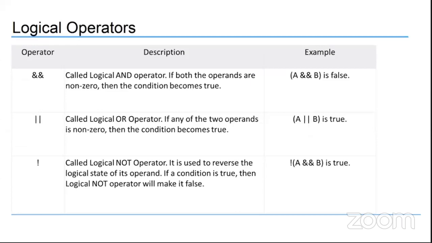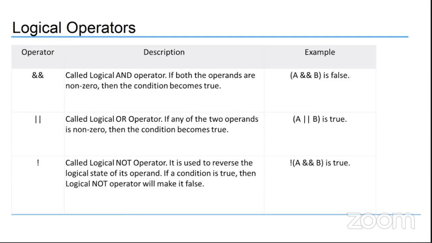So what is ampersand? Ampersand is a logical operator. It's AND, called the logical AND operator. If both operands are non-zero, then the condition is true. So if you want to compare two things using an AND operation, we use double ampersand. Double bars are called OR: a or b, if any one of the conditions is true, then the condition becomes true, right?